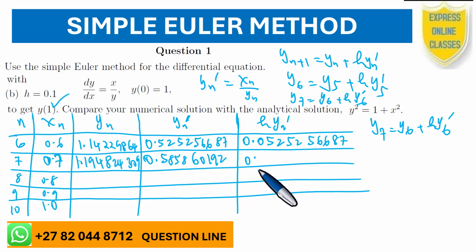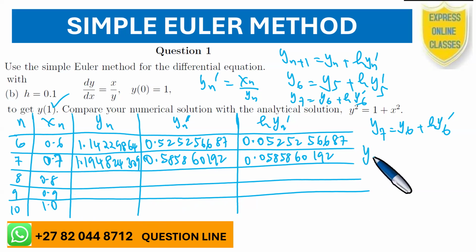It's 0.058, and then 58, and then 60, and then 192. But pay attention to the fact that this one just shifts the decimal point. Because you multiply by 0.1, so you divide by 10, so it's 0.0, and the rest of the digits are the same.